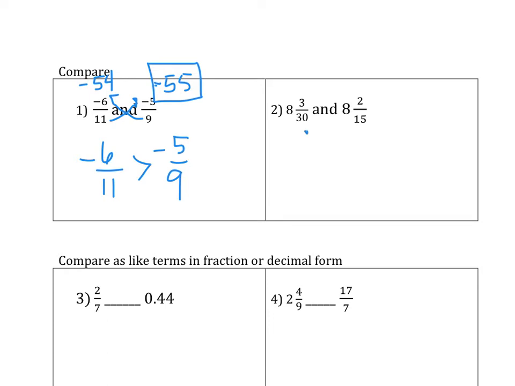So I have a 30 and a 15, so if I multiply this fraction by 2 over 2, I'm going to get a 4 over 30. Now I have a common denominator. So now I again compare my numbers, and it's 8 and 3/30ths compared with 8 and 4/30ths. So we can see that this one is going to be bigger.